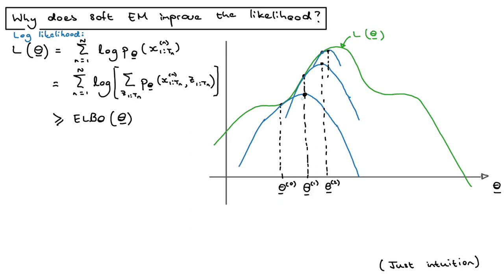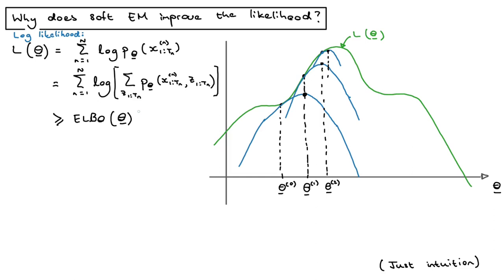Each time we maximize, we're guaranteed to end up somewhere higher on the green curve than we were at the previous step. I hope that intuition helps you understand why soft expectation maximization is guaranteed to improve the log likelihood.